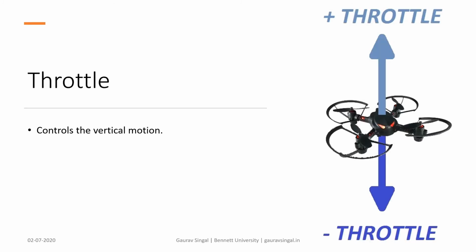You can see these are the possible combinations. It basically depends on the movement of the motors. According to the movement of the motors, it can tell you what operation it can do.